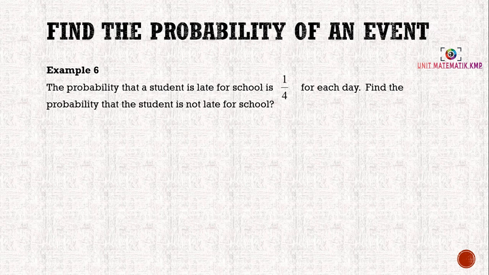Okay, next we have example 6. The probability that a student is late for school is 1/4 for each day. Find the probability that the student is not late for school. So given here is the probability of a student being late for school. We name it event L, the event that the student is late for school.